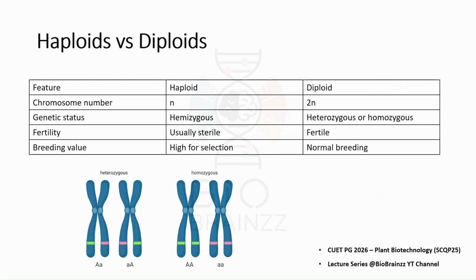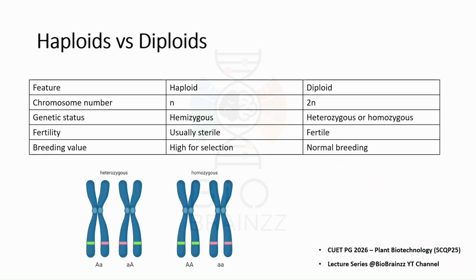Haploids versus diploids. A haploid plant contains a single set of chromosomes and therefore carries only one allele for each gene. As a result, all genetic traits are expressed directly, making haploids very useful for genetic studies. However, due to the absence of homologous chromosome pairs, meiosis cannot occur normally and haploids are generally sterile.